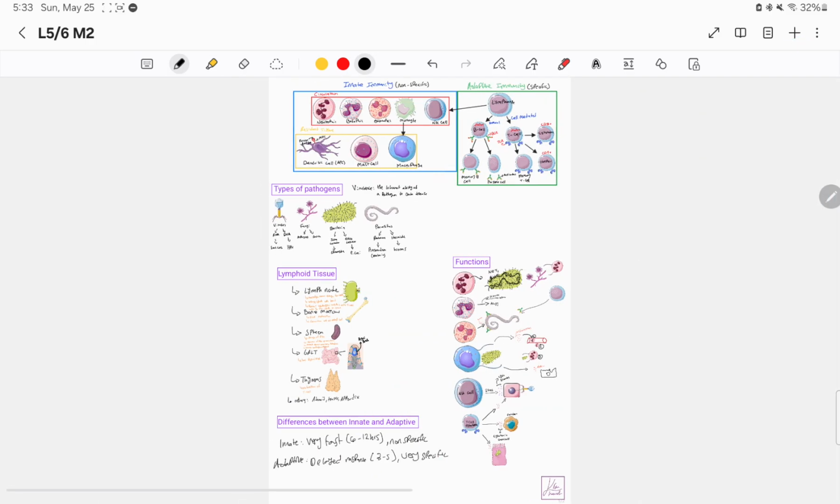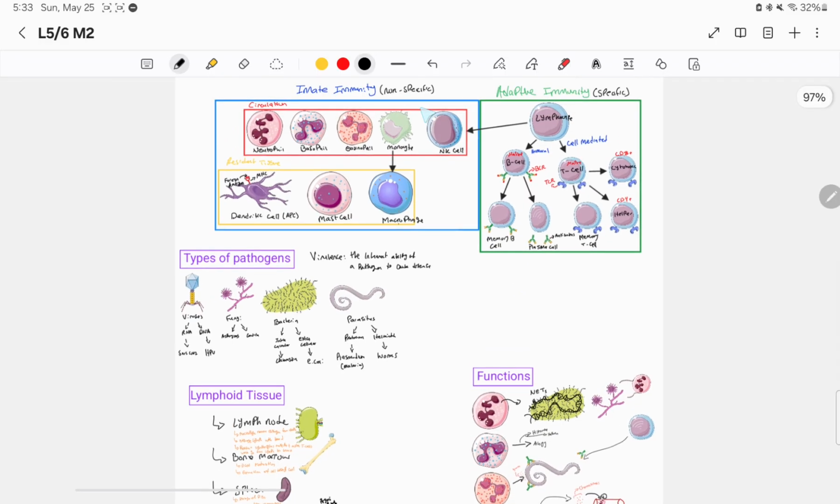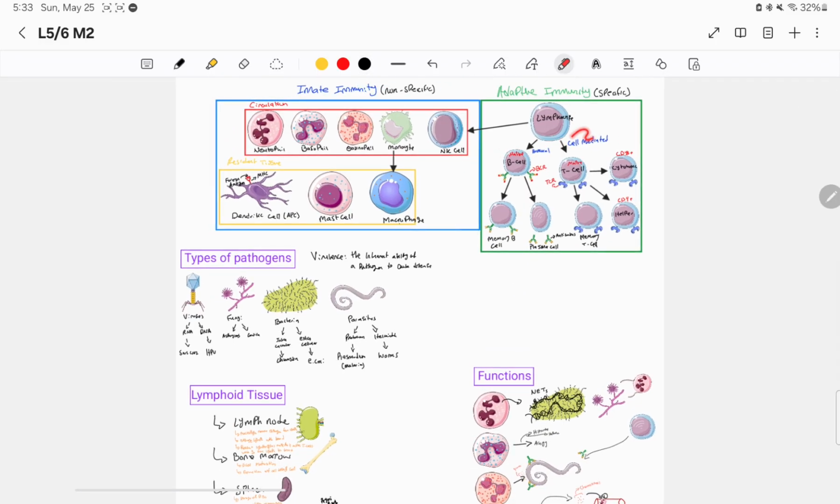Oh, actually, one more thing: remember how I said all of these cells are coming from the bone marrow, right? And some of them mature in different places. Well, the majority of these guys can go through cell division on their own and proliferate. But the majority of the new lymphocytes, like the T cells and the B cells that you make, are made through cell division, okay?